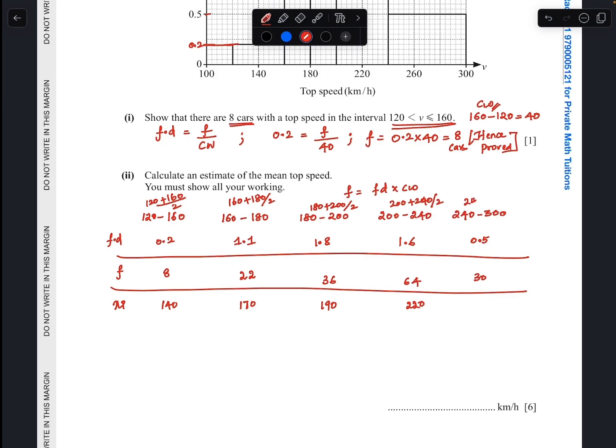And the last one, 240 plus 300 by 2, which is 270. We got the xi also. Summation Fi is equal to the sum of all this. We already know this actually, it has been given in the question. This is 160. Now the next thing is Fi xi.